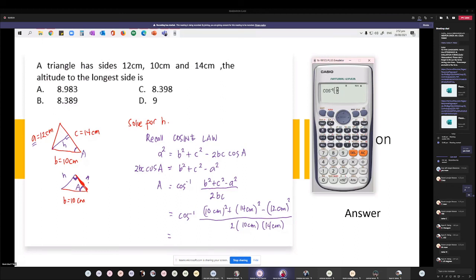So we have 10 squared, then plus 14 squared, then minus 12 squared, and then the denominator is 2 times 10 times 14. So the angle is 57.12 approximately. I'll just round it to the second decimal place. Or you can use the exact value later. You can recall the last answer in the calculator by pressing the ANS button. So you can still use the exact value.